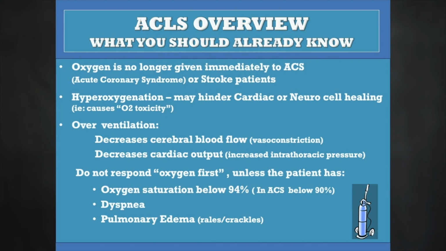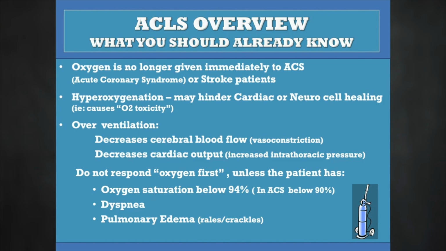So, a couple of key points to remember. Oxygen is only given to patients who have a saturation below 94 if they're a stroke, or below 90 to 94 if they're an acute coronary syndrome, or if they complain of shortness of breath, or they have pulmonary congestion or crackles or rales with shortness of breath.